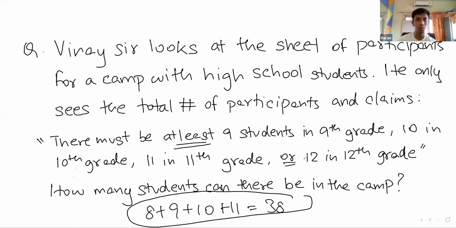So for 39 and above, Vinay sir cannot be false, which means what he said is true. So 38 is the maximum number of students you can have with Vinay sir being false, which means for 39 and above, Vinay sir cannot be false, so he must be true.